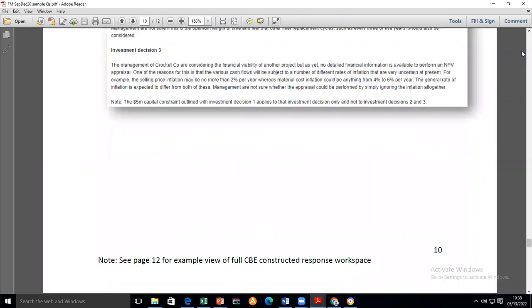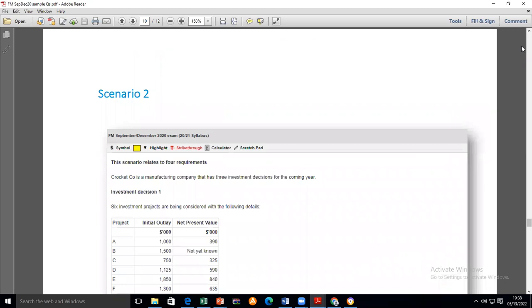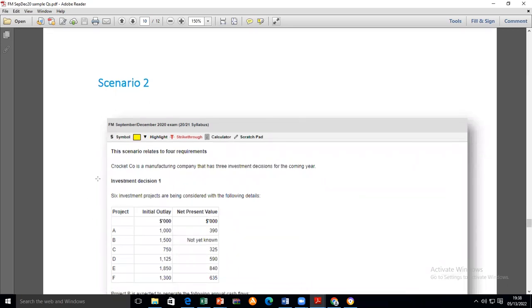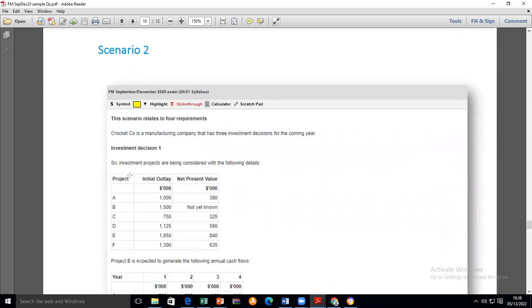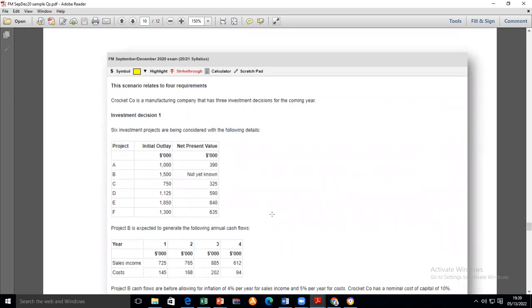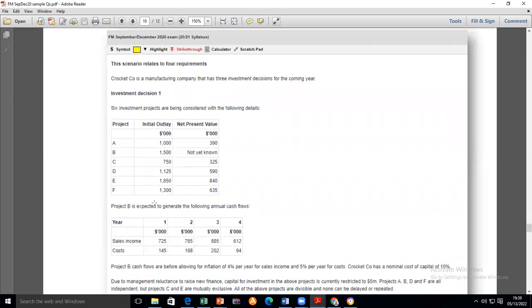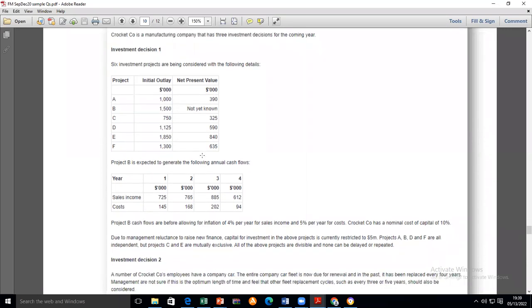C is a manufacturing company that has 3 investment decisions for the coming year. Investment decision number 1: 6 investment projects are being considered with the following details: initial outlay and net present value. Project B is expected to generate the following annual cash flows, and they want you to help us.